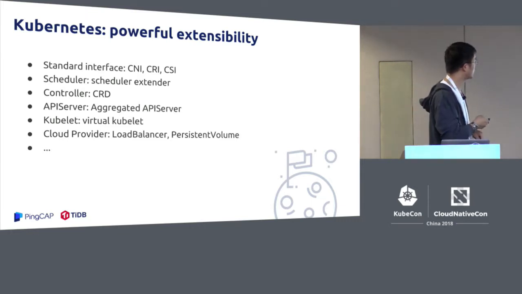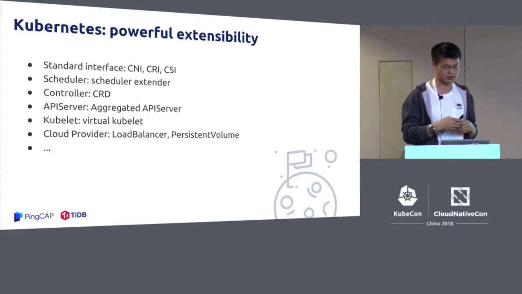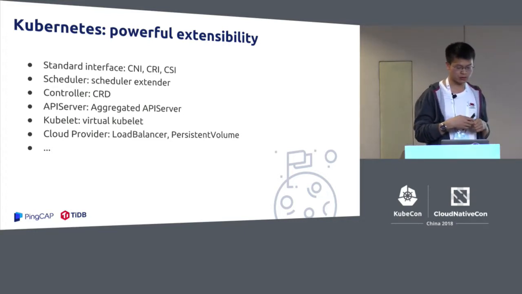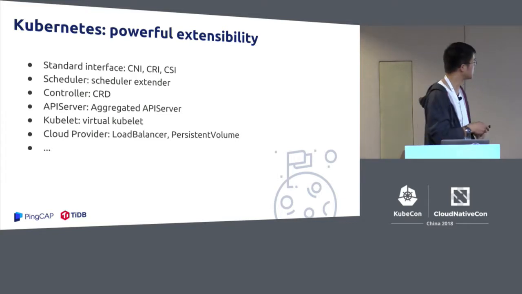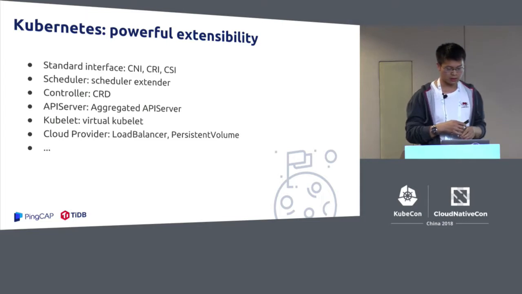Users can specify their own scheduler or just write a scheduler extender to extend the built-in scheduler. And for the controller manager, we can write CRD controllers to manage our own customized resources. And for the API server, there's the aggregated API server to extend it.